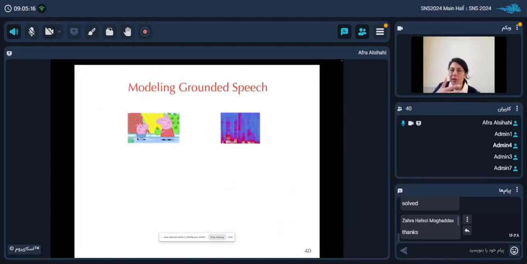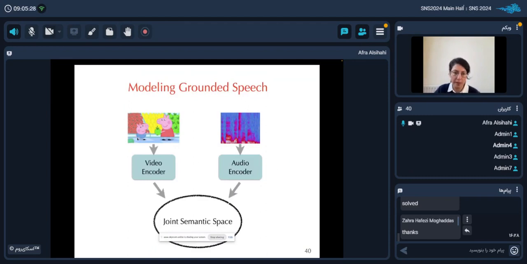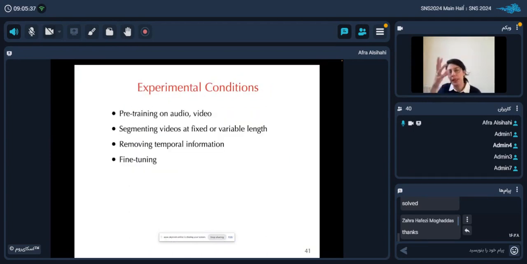So we basically use the same kind of general architecture, but instead of using static images, now we are using snippets of videos as training data and the corresponding speech signal. We now have a video encoder and an audio encoder, which we again map into a joint semantic space. And we played with various experimental conditions.